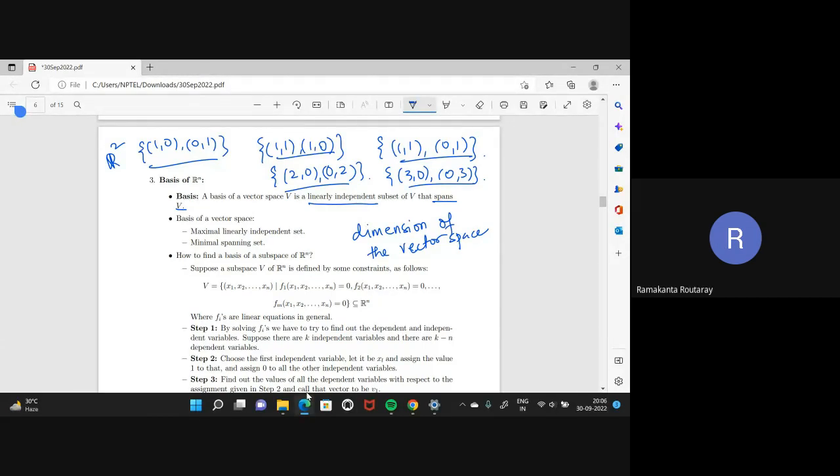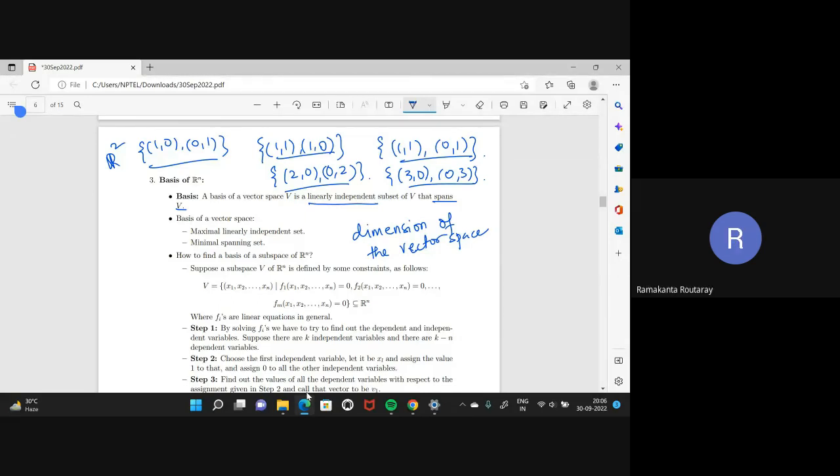But if a question gives, let us say, the vectors 1 0, 0 1, and 2 3, then if you want to build a basis from those, it will be only one, right? Given a linearly independent set, you can add vectors and make it a basis, to make it a spanning set.